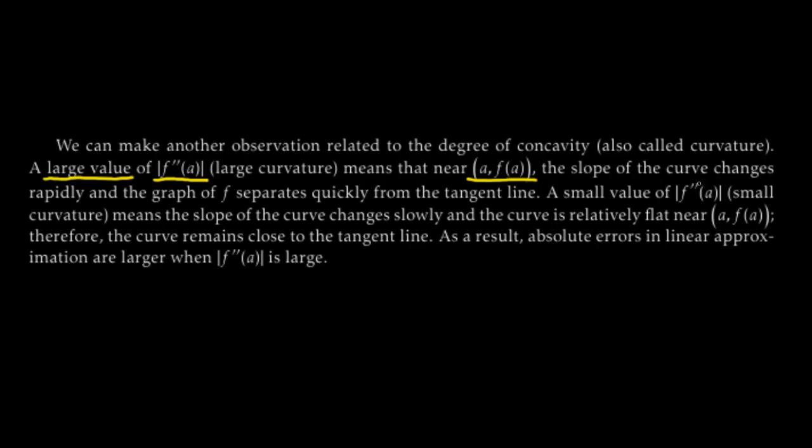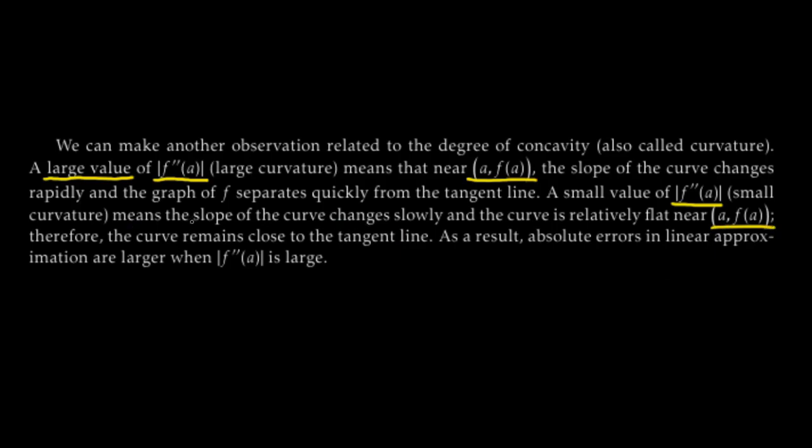A small value of f double prime of a, either small and positive or small and negative, so in absolute value just a small number, means that the slope of the curve is changing slowly, and that the curve is relatively flat near a, f of a.